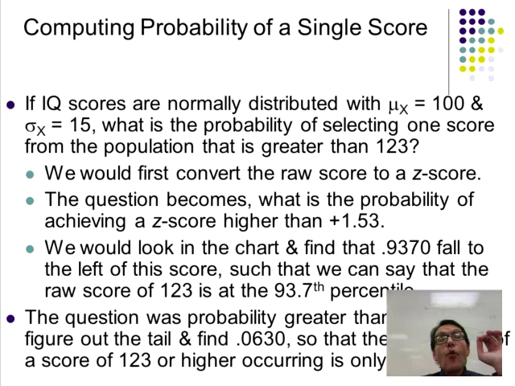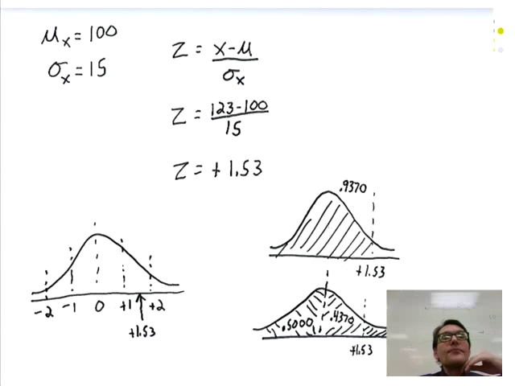So again, we need to first convert the raw score into a z-score. So let's do that. In the top left corner are my 2 known pieces of information. The mu of this distribution is 100, the sigma is 15.